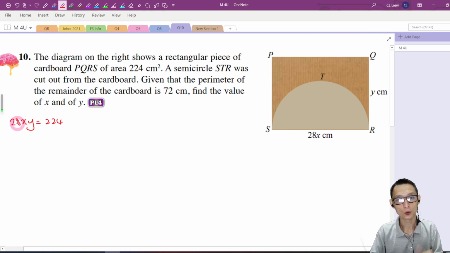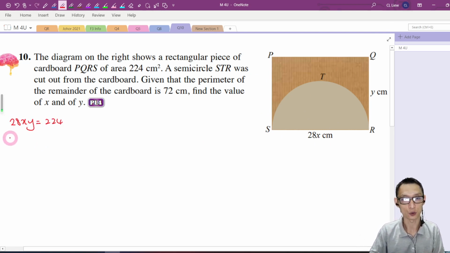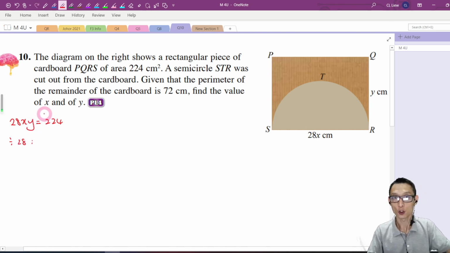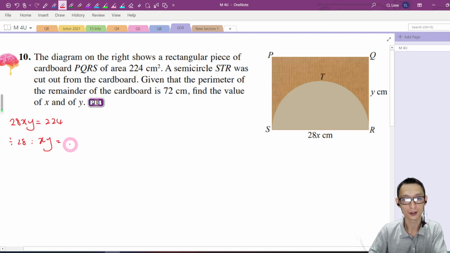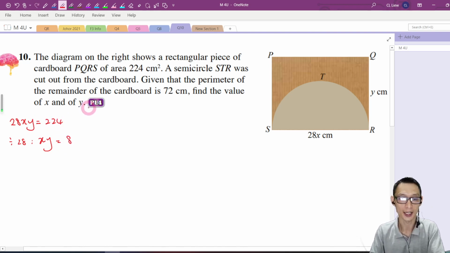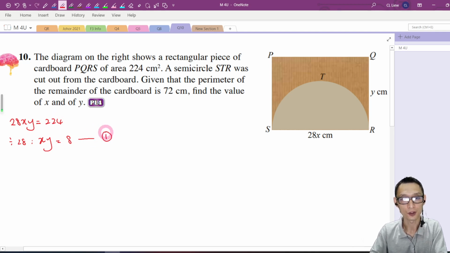So I'm going to make the number become smaller, divide both sides by 28. Okay, let me check. Can 224 be divided by 28? Yes. So this will be xy and this will be 8. 224 divided by 28 is equal to 8, you can press your calculator. Now you notice that the number becomes smaller, right? So it is easier for us to solve it. So this is the first equation.